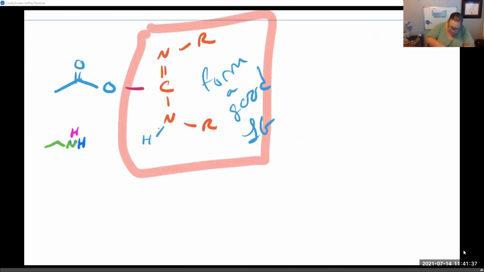So now that we've converted our carboxylic acid into something that we can work with, my amine can come in and it is the nucleophile of this brand new intermediate species. It's going to do nucleophilic attack, and I'm going to get this intermediate species.